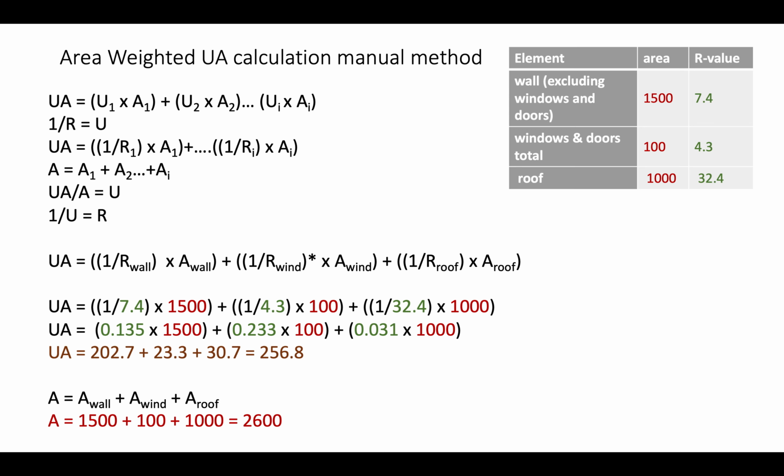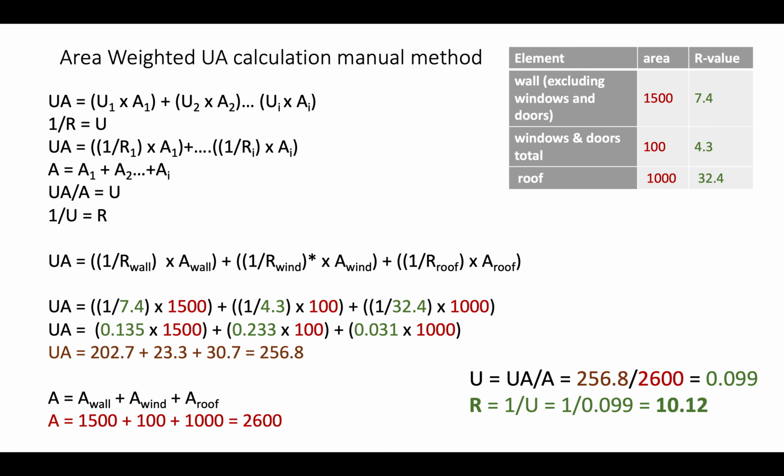So we can add that together, and now we have the total area. And now we know that if we have the UA, the U is going to be the UA divided by the A, by the area, right? And we can run that through, and we see that our U factor is 0.099, and we take the reciprocal of that, and we can see that the R value is going to be 10.12.